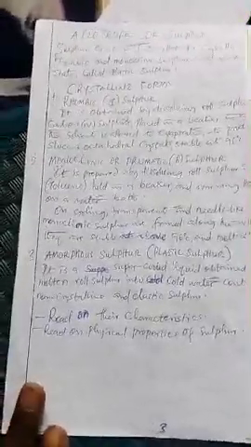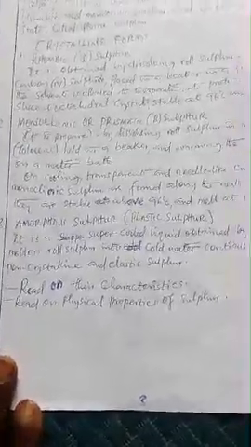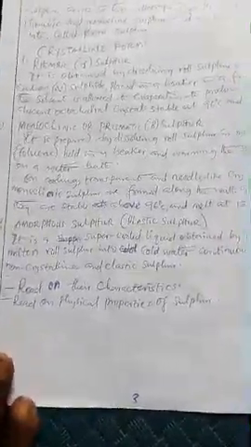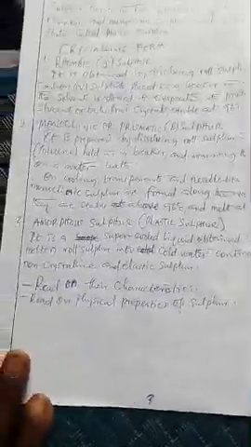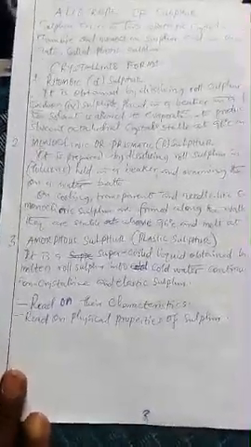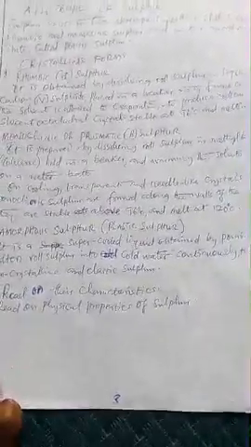That is toluene. It is held in a beaker and the solution is warmed on a water bath. On cooling, transparent needle-like crystals of monoclinic sulfur form along the walls of the beaker. They are stable above 96 degrees Celsius and melt at 120 degrees Celsius.